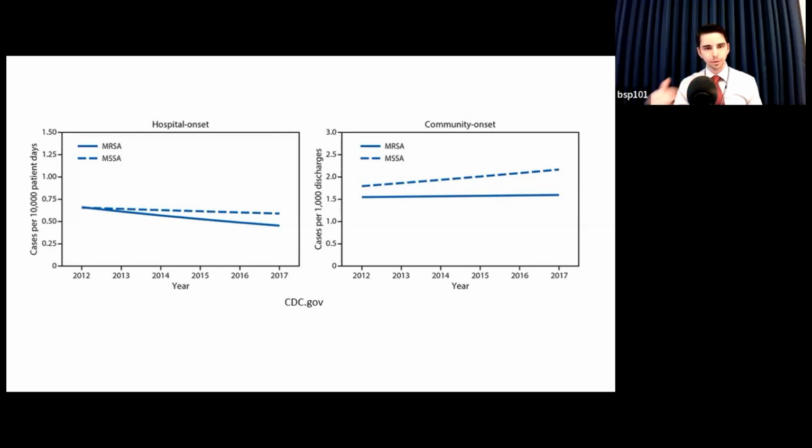And that's probably directly related to efforts to reduce rates of CLABSI, to reduce rates of surgical site infections, of which Staph aureus is the most common contributor. And I think there's data to support Staph aureus as the most common nosocomial bacteremia period, but we're doing better at bringing those rates down. But community onset disease has been stable, maybe slightly increasing.